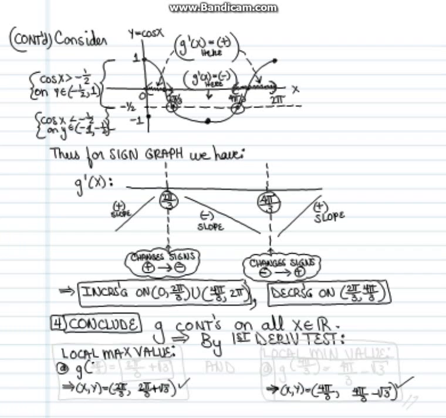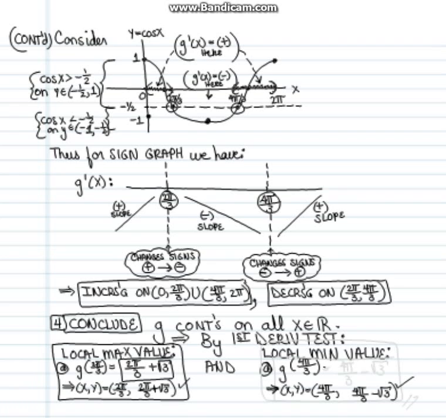We changed signs from the slope from positive to negative, so that means we have a local max at g of 2 pi over 3 equals 2 pi over 3 plus square root of 3. So write it as an ordered pair, 2 pi over 3 comma 2 pi over 3 plus square root of 3. That's x, y.